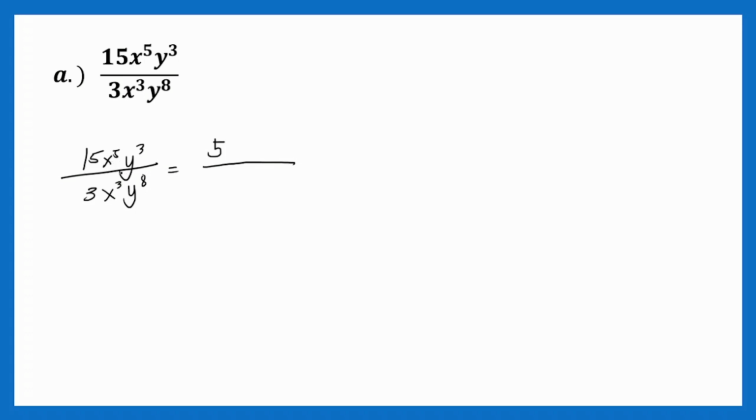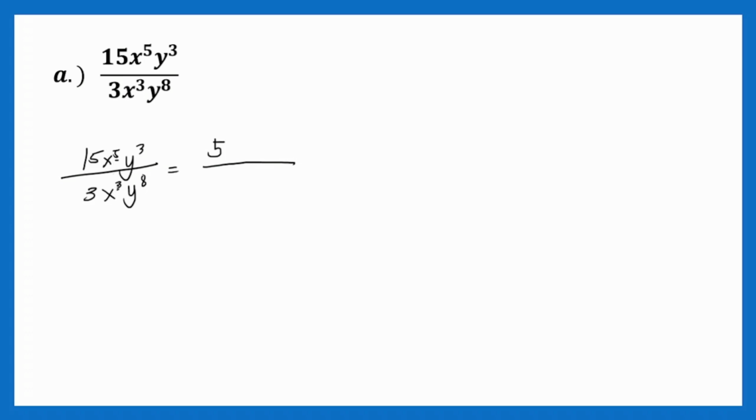Yung exponent na maliit, dinadala natin sa kung saan nandoon yung mas mataas na exponent. In this case, ang mas mataas na exponent between x raised to 5 at x raised to 3 ay yung x raised to 5.